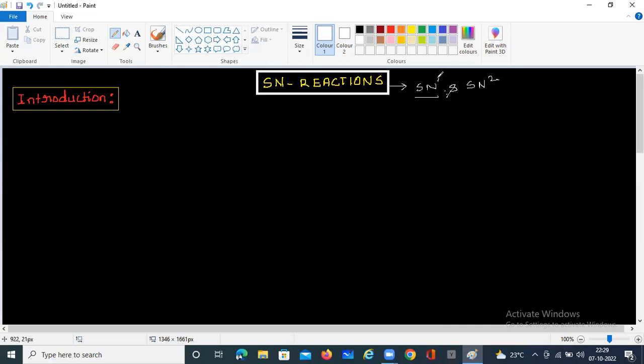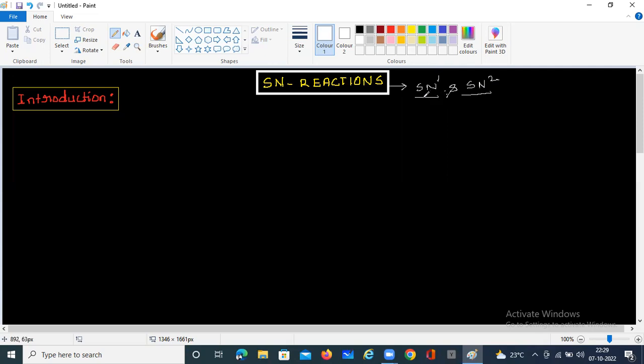So that's why we say unimolecular, and the nucleophile is going to be substituted, while in this type two molecules are going to participate. So simply we say bimolecular nucleophilic substitution reactions.